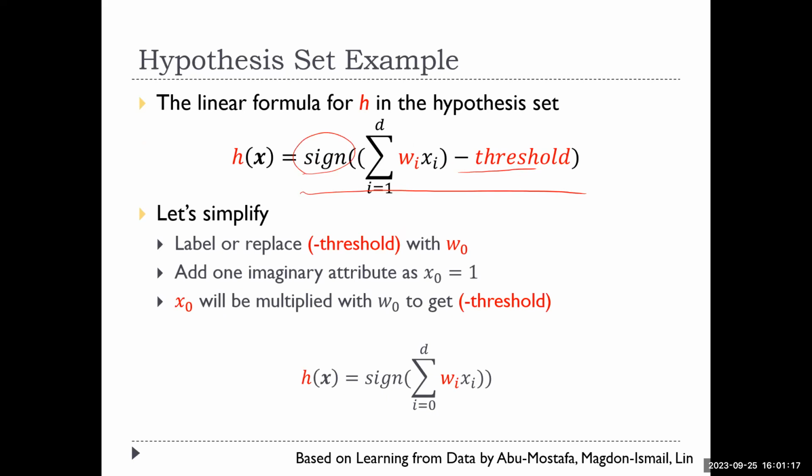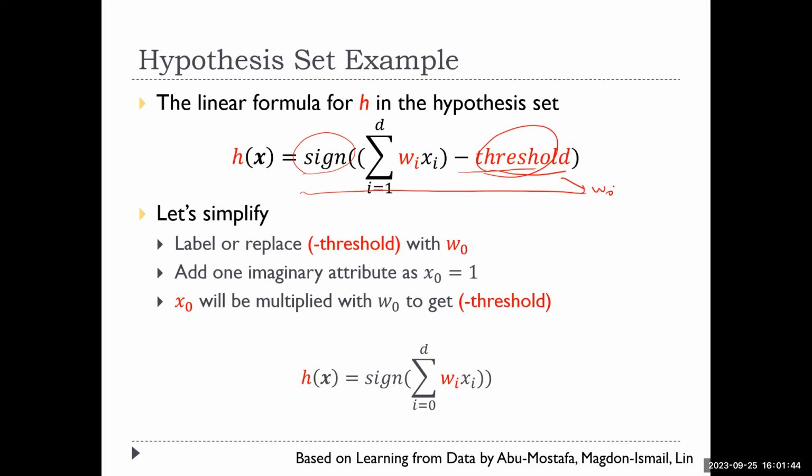But usually, this is a complex formula. The dimensions or attributes go from 1 to D. So I have D dimensions. I'm going to replace the threshold with w0. That's a new name, a new variable. It's not directly related to any of the attributes I have.